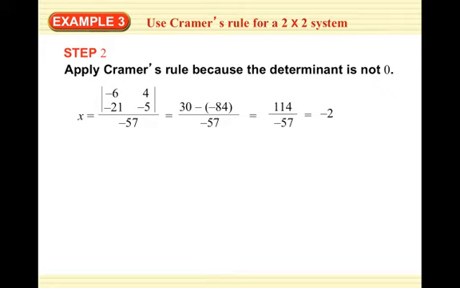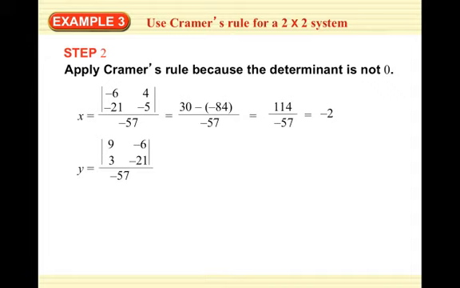Now let's do y. For y, we're still going to divide by the determinant of A, so we still divide by negative 57. We use our coefficients for x in the first column, A, C, so we've got 9, 3.